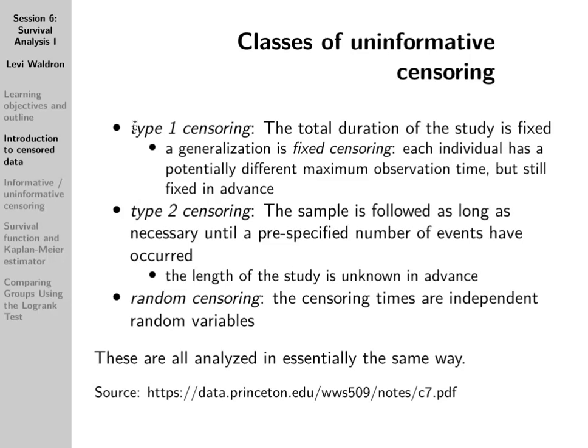The disadvantage to this type of study is that the length of the study is unknown in advance. The advantage is that we know how many events there will be, and that is actually the thing that matters the most in power analysis of time to event studies.